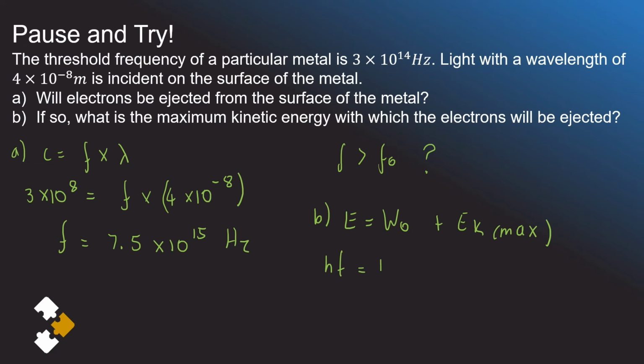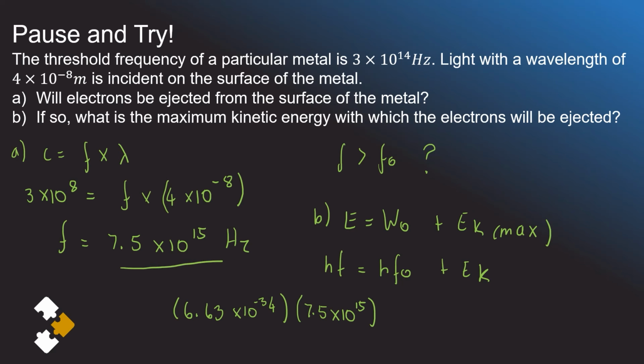The work function is equal to Planck's constant times the threshold frequency, plus kinetic energy. So let's start filling in these values. Planck's constant is 6.63 times 10 to the negative 34. Our frequency is 7.5 times 10 to the 15, and that's the frequency that we worked out in A.